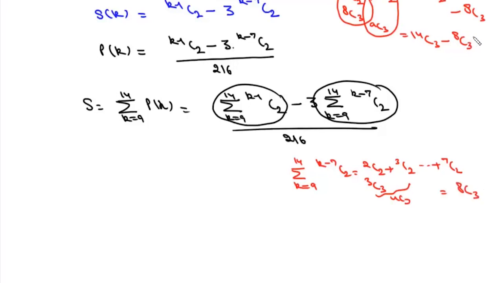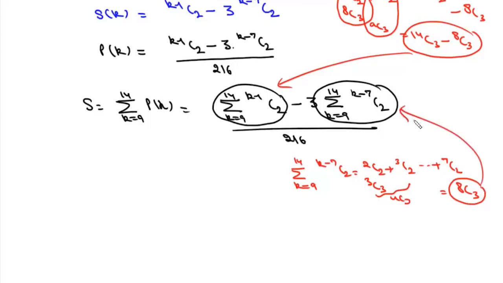So the first summation is 14C3 minus 8C3, and the second summation is 8C3. Now we put in the values of these summations, then we can write this S as 14C3 minus 8C3 minus 3 times 8C3, so that will be 4 into 8C3, divided by 216.